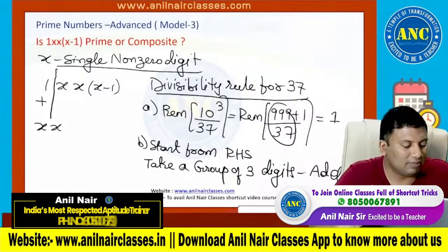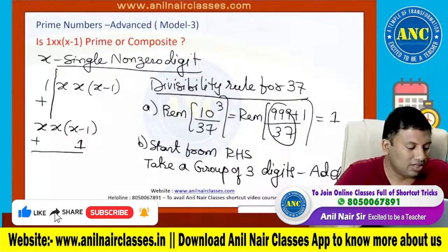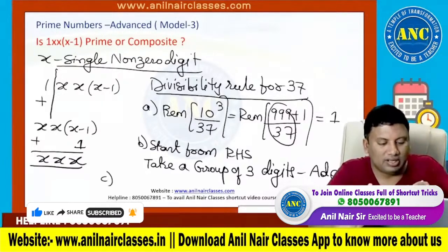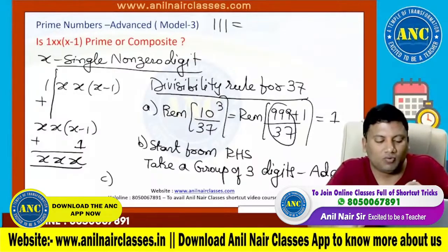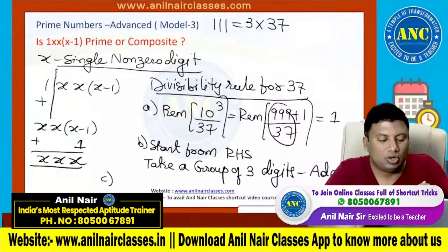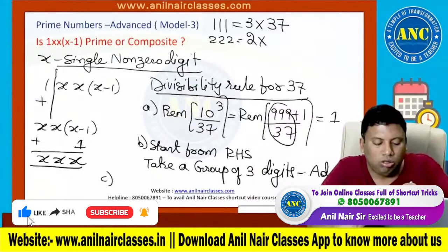This is nothing but x, x minus 1 plus 1, which is nothing but xxx. Third point, suppose it is 111, x written thrice. 111 is nothing but 3 into 37. 222 is 2 into 3 into 37.